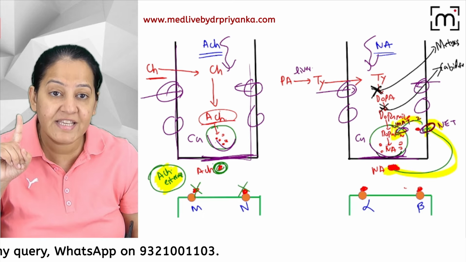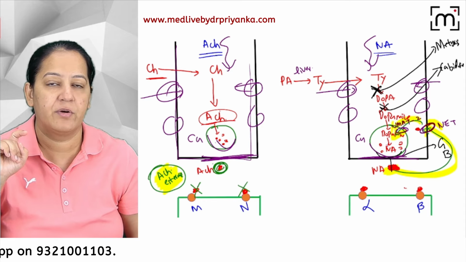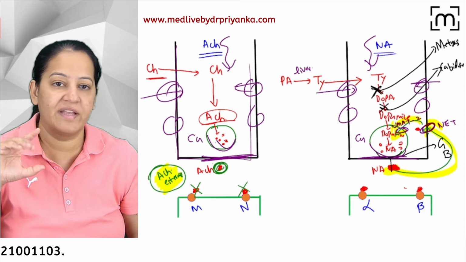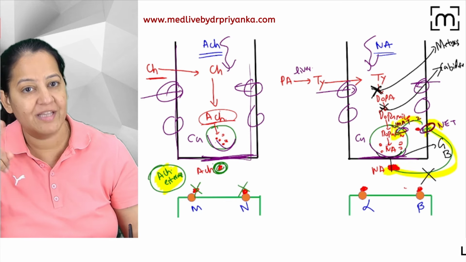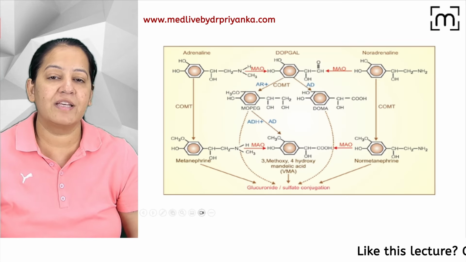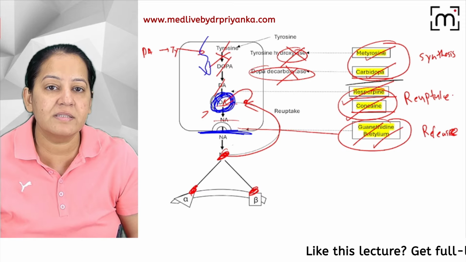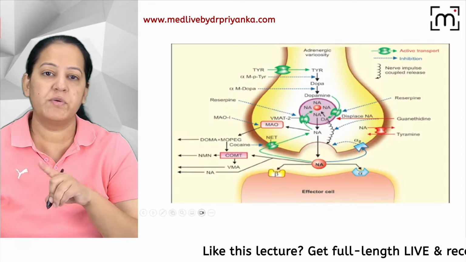Okay. Now the release can be blocked by guanethidine, okay, and bretylium. These 2 toxins are blocking the release. And after that, the reuptake is blocked by cocaine. The axonal reuptake is blocked by cocaine, and vesicular reuptake is blocked by another toxin, that is reserpine. Okay, so please learn the names of the toxins, and there also I taught you the toxins.